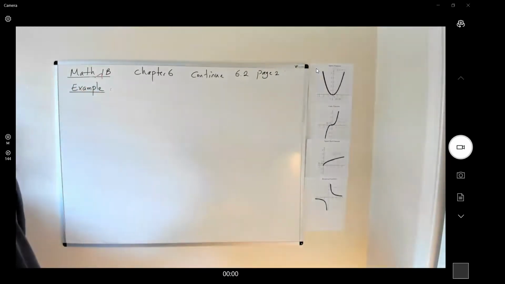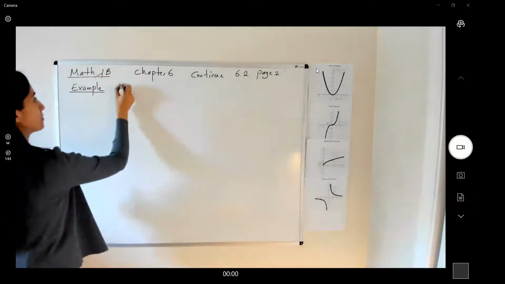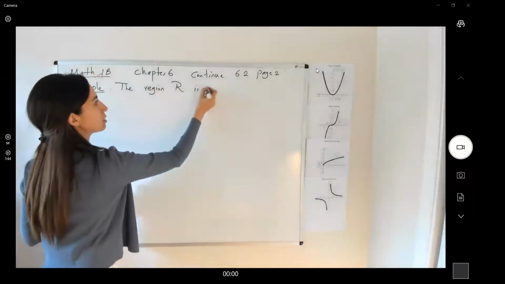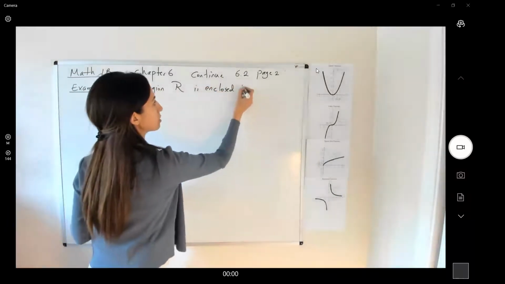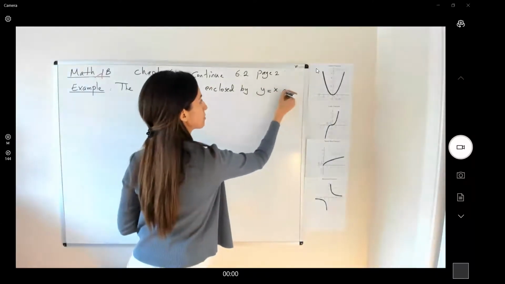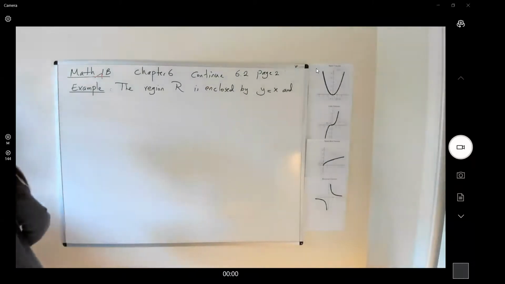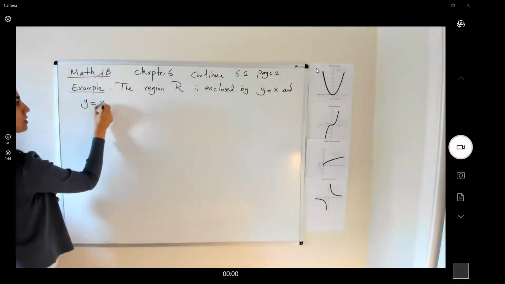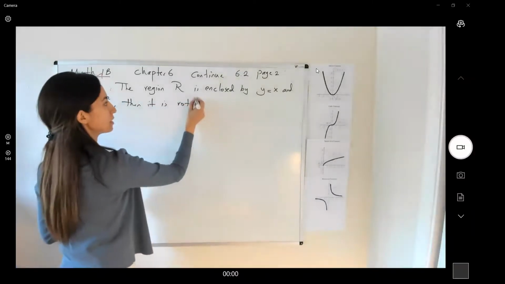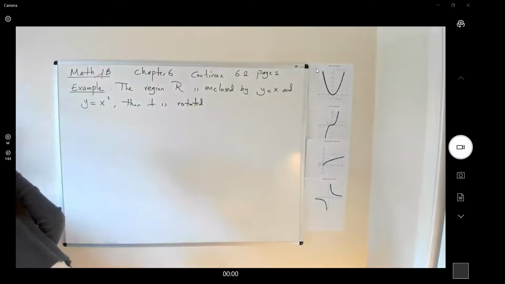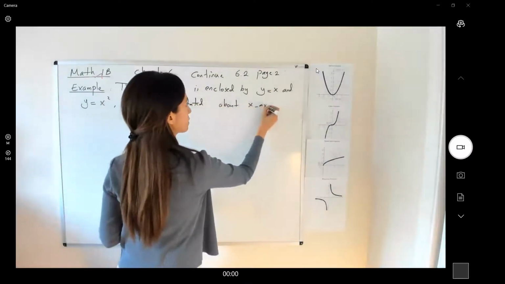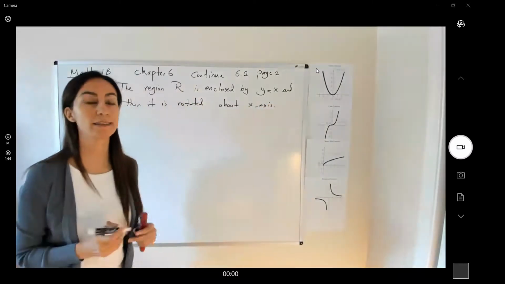So this example says the region R is enclosed by y equals to x and y equals to x squared, then it is rotated about x-axis. Okay, x-axis. Our goal is to find the volume.